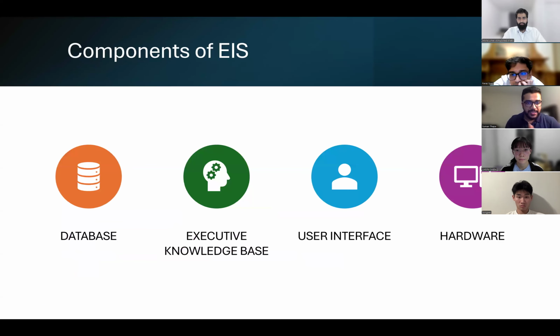Moving ahead with the next slide, I'd like to discuss the components of EIS: the database, the executive knowledge base, the user interface, and the hardware. The database stores a huge amount of data, not only the internal data, but EIS stores the external data too, which I will be explaining in a further point.